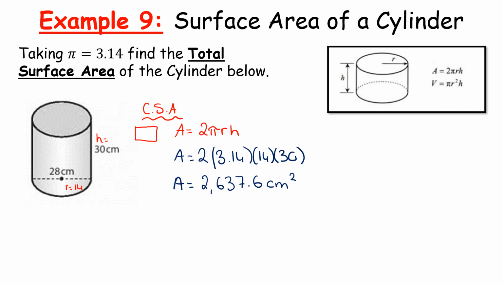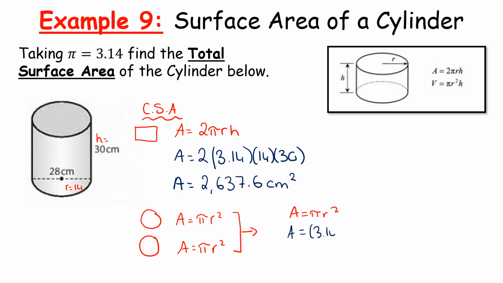We also have a top and a bottom. So we have two circles here. Now the circle areas are going to be pi r squared and pi r squared. They're identical. So what you can do is you can do it once and then double your answer. So that gives us area is equal to 3.14, and the radius is the same as the radius of the cylinder.